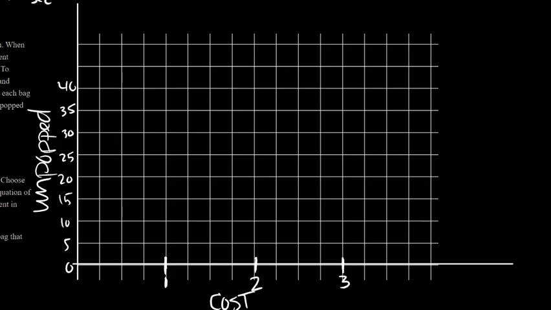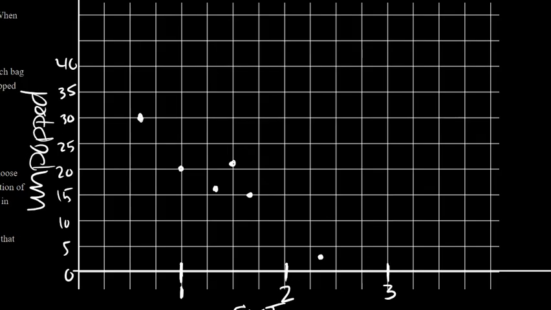So I set my graph up like this. My unpopped kernels on the y-axis are counting by 5, and every 4 units on my x-axis is $1. So each one is 25 cents. So let's go ahead and plot these points now.